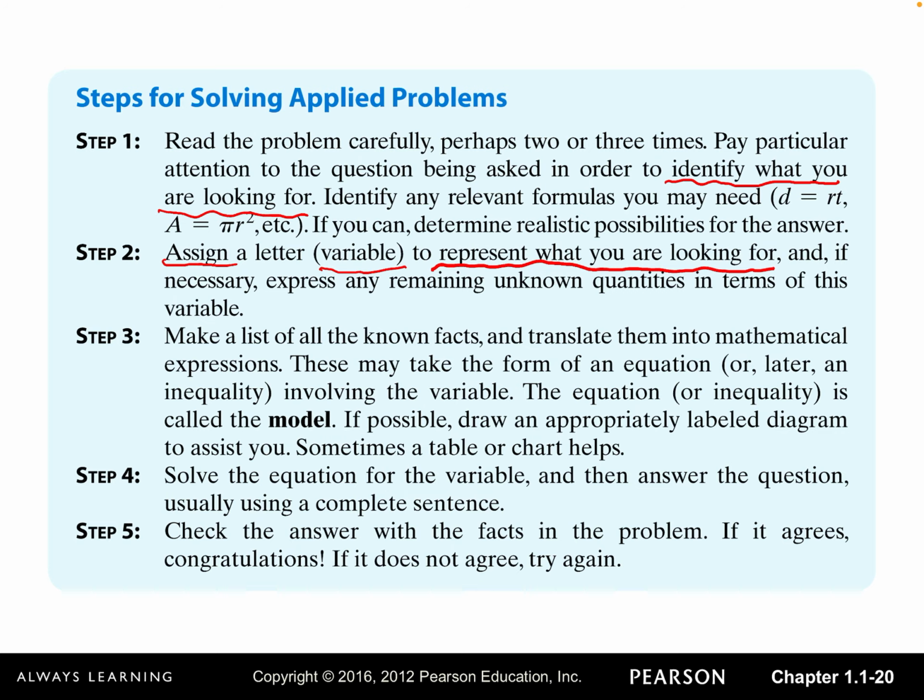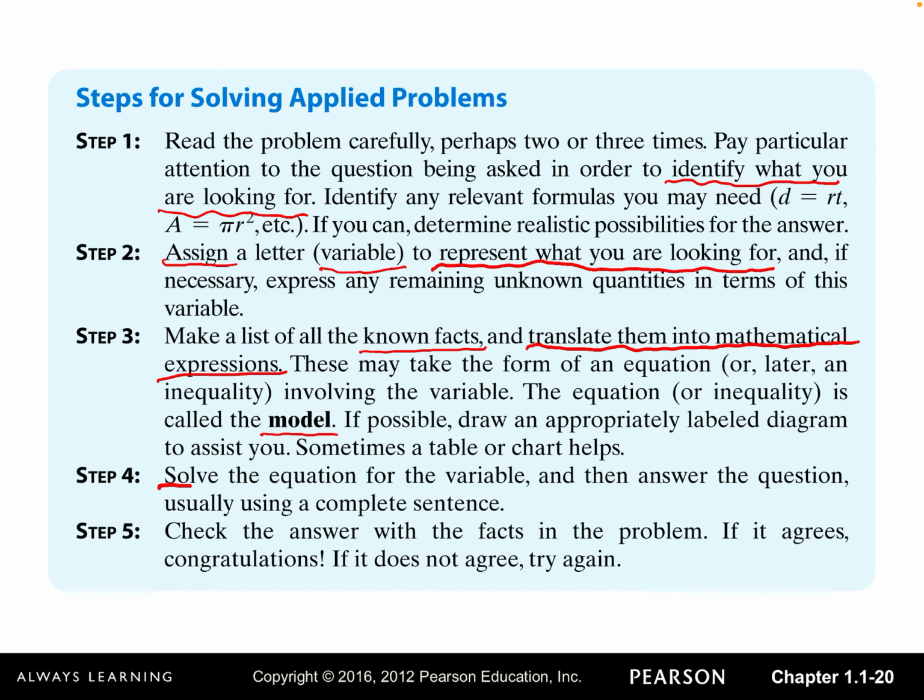The third step, you need to make a list of all the known conditions or known facts, and then try to translate them into mathematical expressions in order to set up an equation. We also call that building up your mathematical model. We call that equation a model.